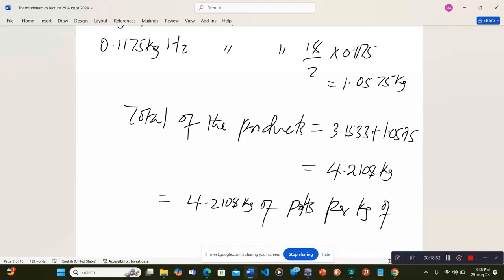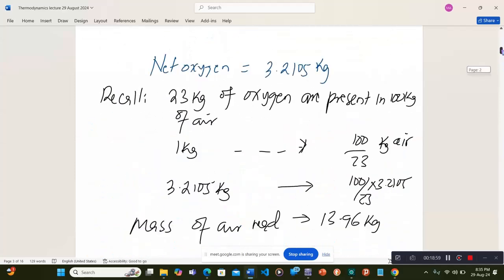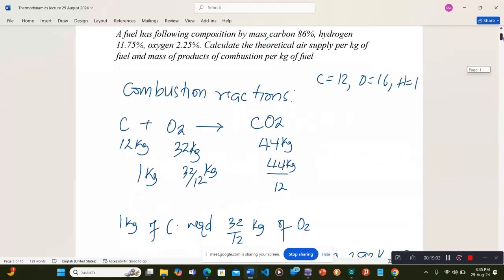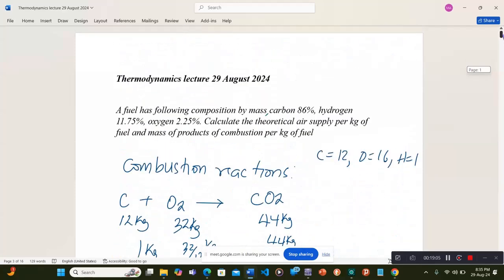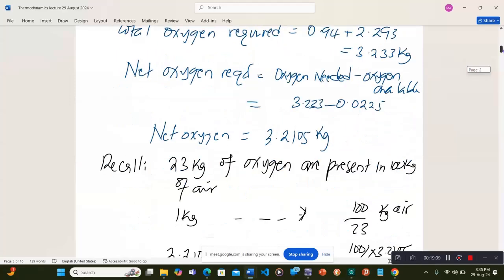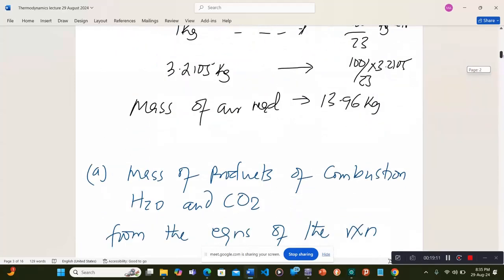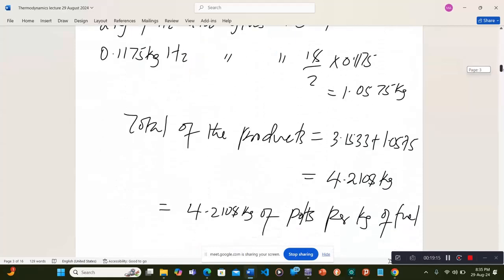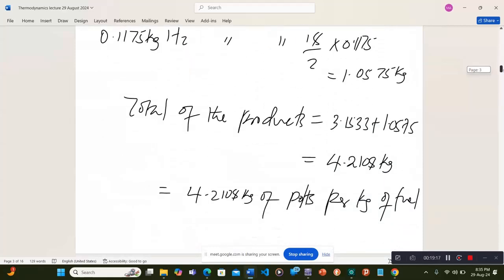So that's how we can answer that problem. And the theoretical air supply that we produced was 13.96 kilograms, and the mass of products produced per kilogram of the fuel will be 4.2108 kilograms.